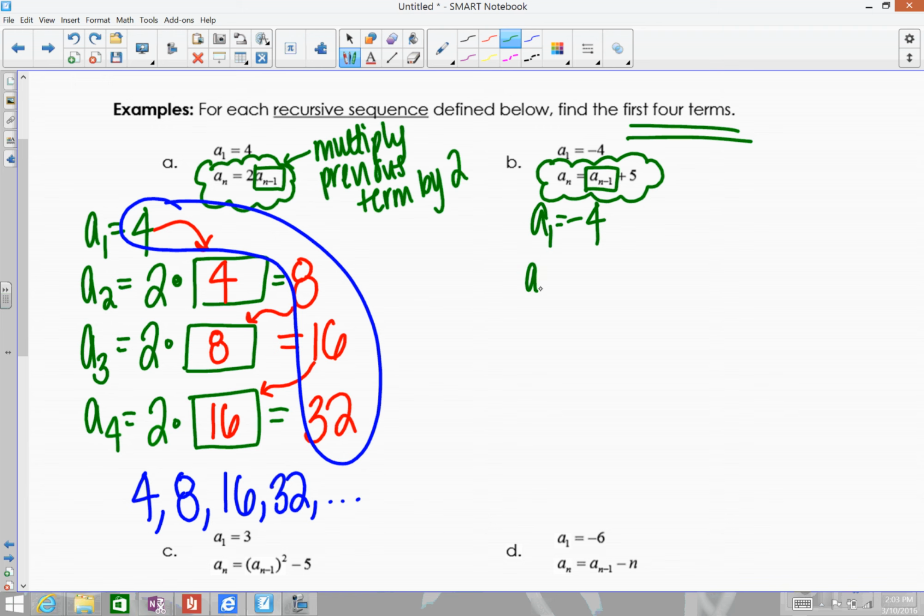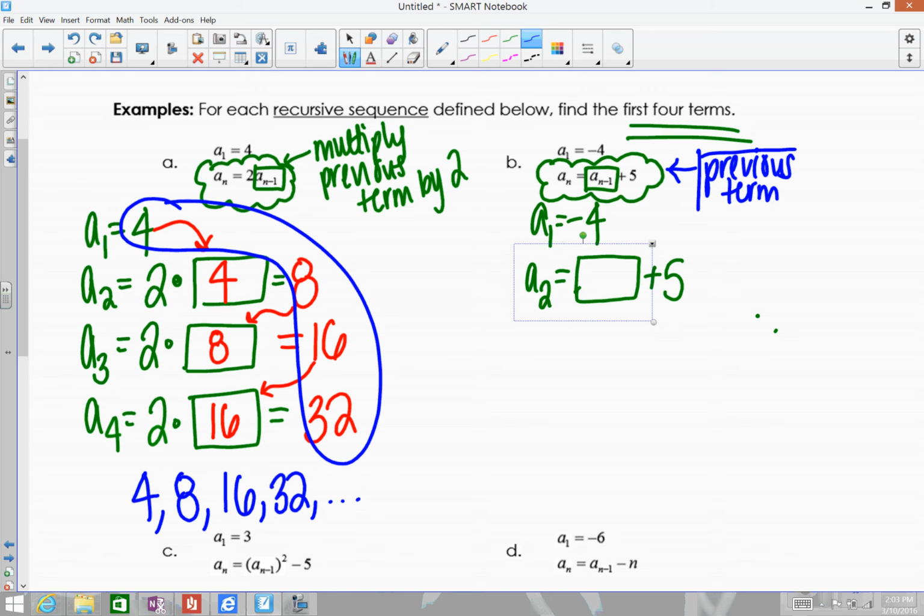So to find a sub 2, the second term, I'm going to take the previous term, remember that's what that box represents, and I'm going to add 5 to it. I like to think of that previous term in the box plus 5. So take your previous term, -4, add 5 to it.